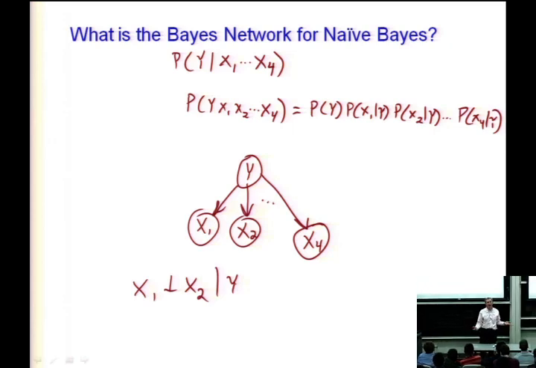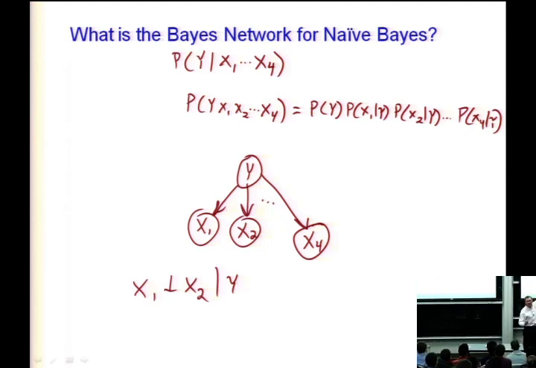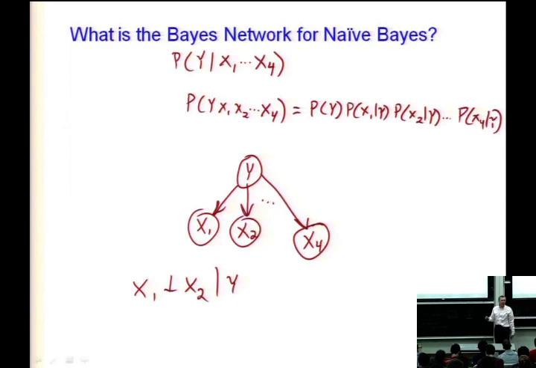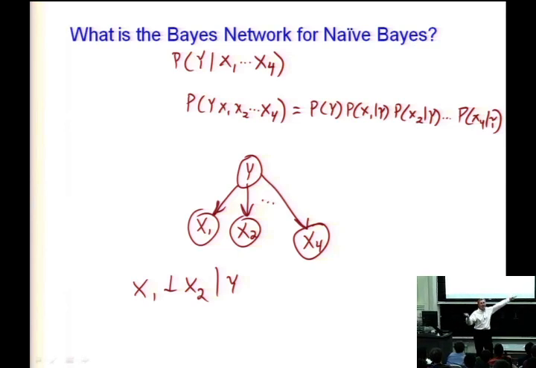It's conditionally independent of that given its immediate parent, y. And similarly, for any x sub j not equal to x1. So all those conditional independence assumptions between all pairs of x i's and x j's fall out of this graph. So this graphical model makes exactly the commitments of naive Bayes. They're equivalent.